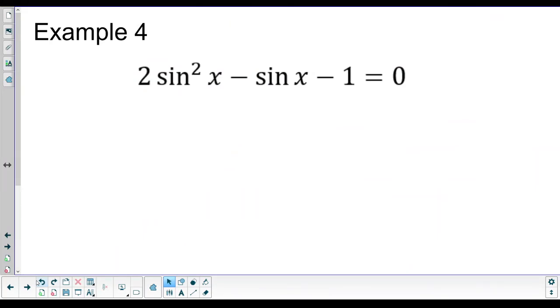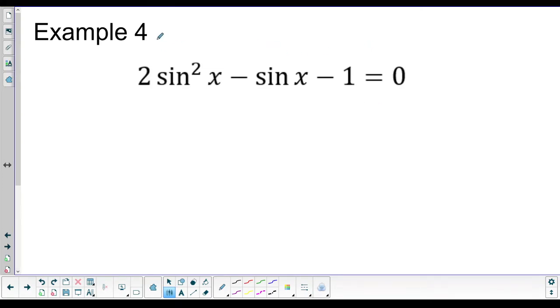Very last example we're going to talk about is one that's not so bad, but I don't know that you'd necessarily be like, oh, I could do that right away. So let's look at this. This thing is a quadratic. It's just the x's are signs.